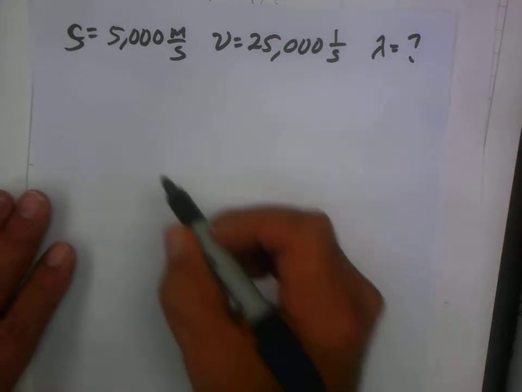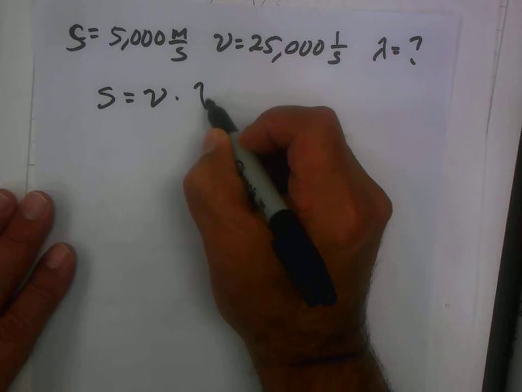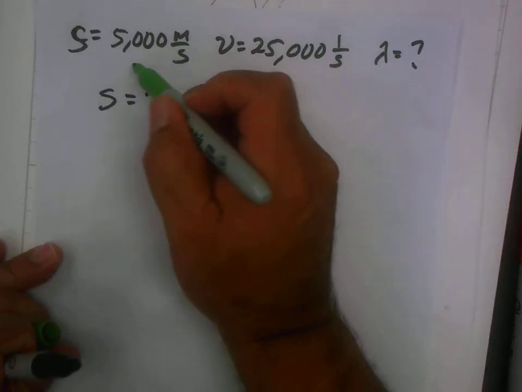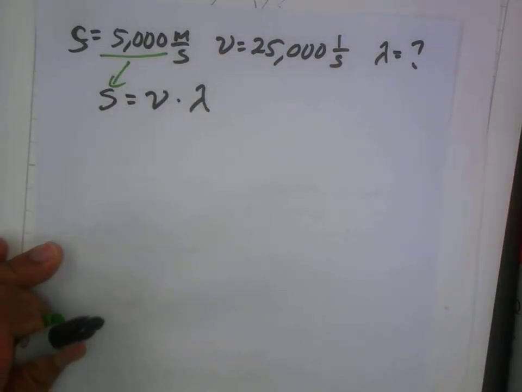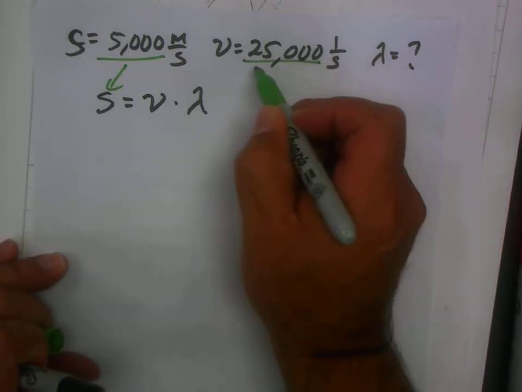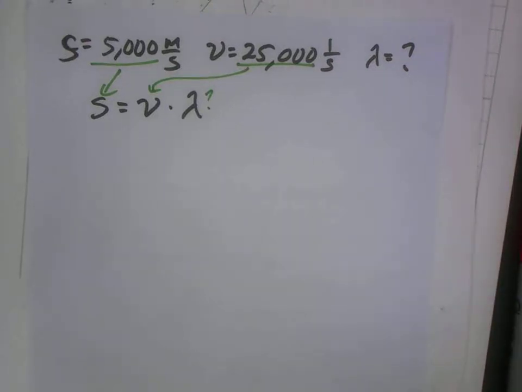So once again, same equation. Speed is equal to frequency times wavelength. This time, we are given the speed. We are given the frequency, and now we're looking for the wavelength.